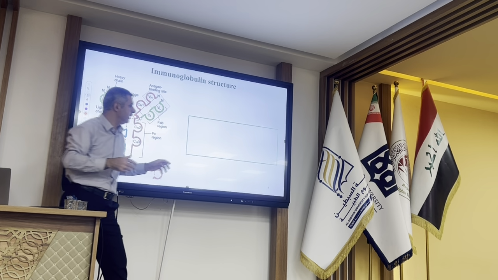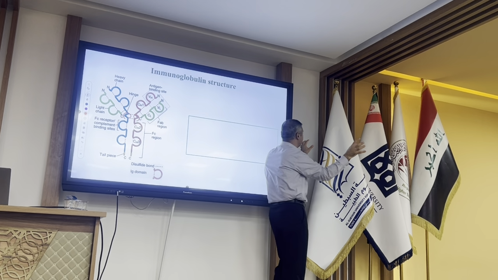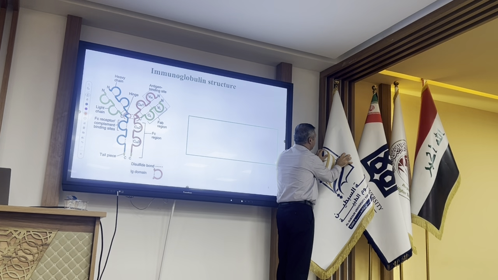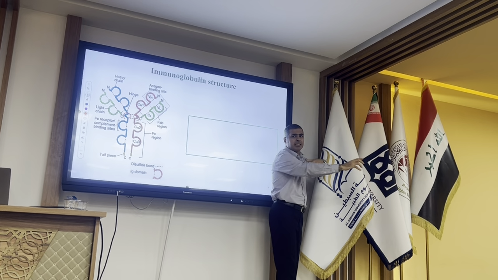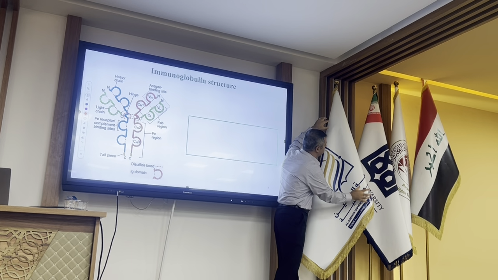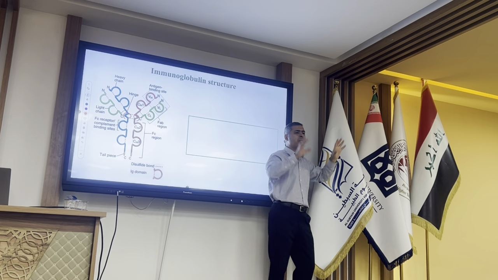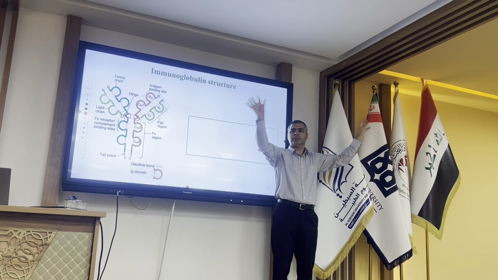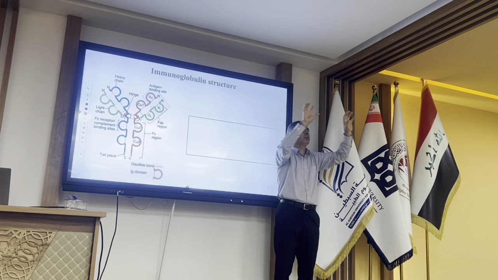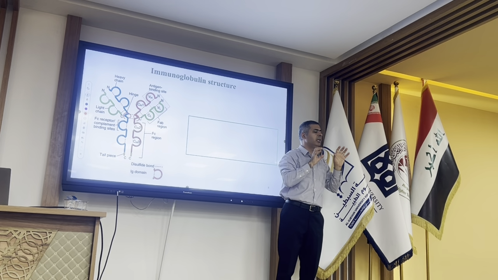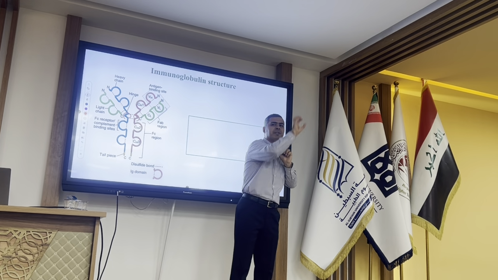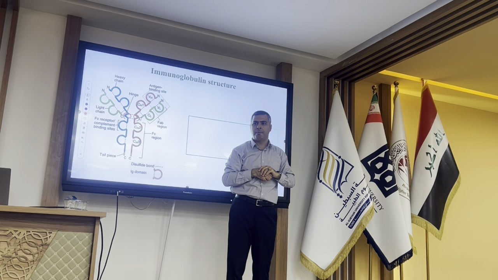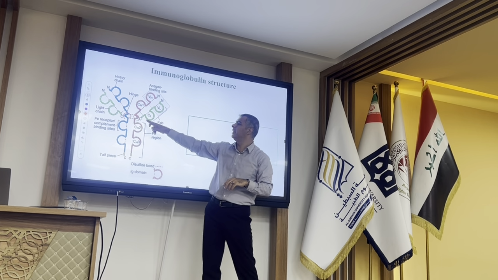For example, if the epitopes are close together, it binds in this way. But if the epitopes are far from each other, the hinge allows the antibody to increase the distance between these arms. So the arms can move toward each other or away to enable the antibody to bind epitopes with different distances on the antigen. Okay, so it is called hinge.